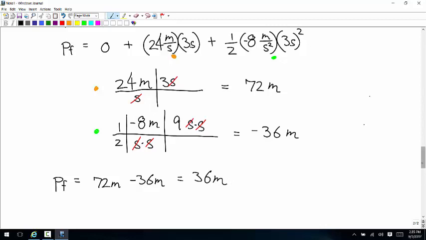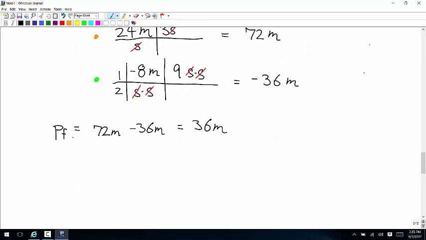The displacement is the final minus the initial, so displacement is 36 meters minus 0, which is 36 meters. Another thing that makes it nice is to choose your 0 position at the starting location. Any questions about that?